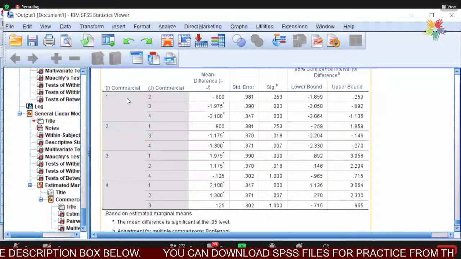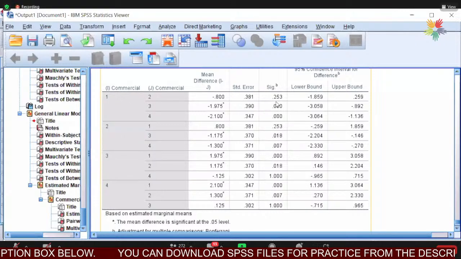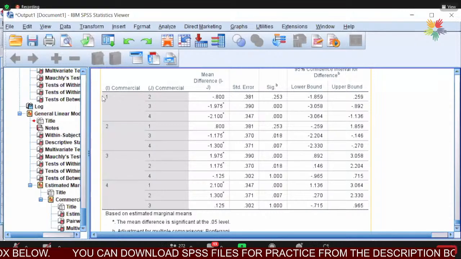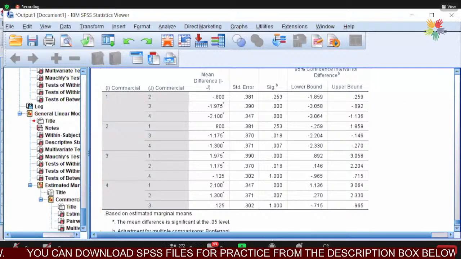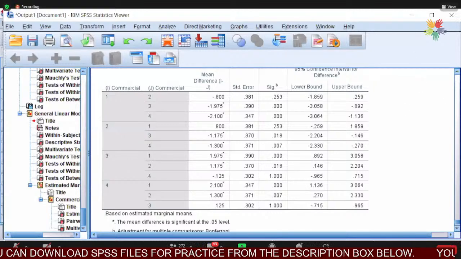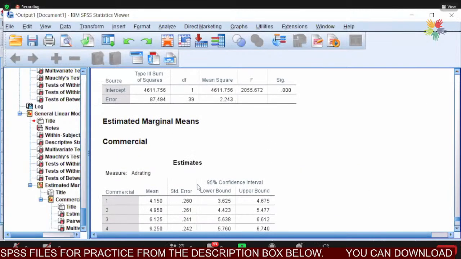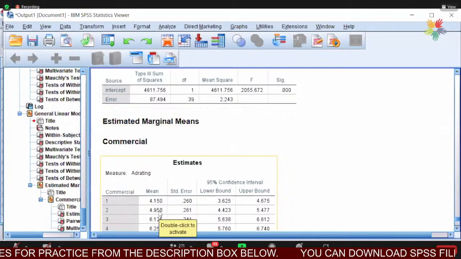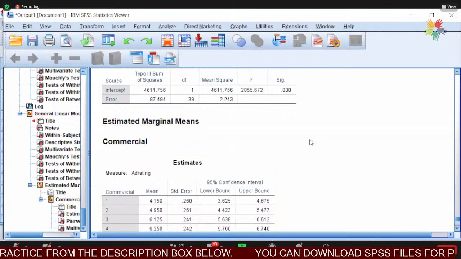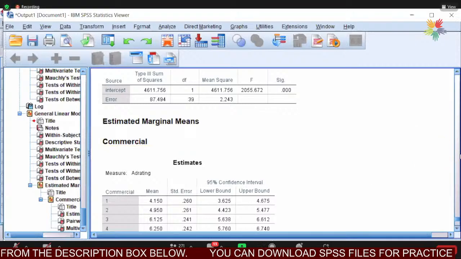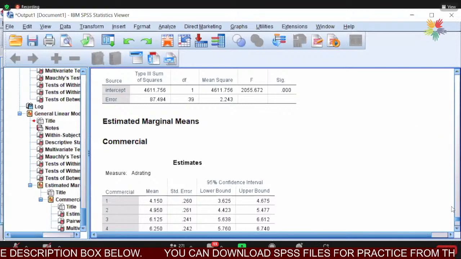The rating given to 1 and 2 shows no difference. The rating given to 1 and 3 shows a difference, because the mean value is 4 point something. Look at the marginal mean values: 4.1, 4.9, 6.1, 6.